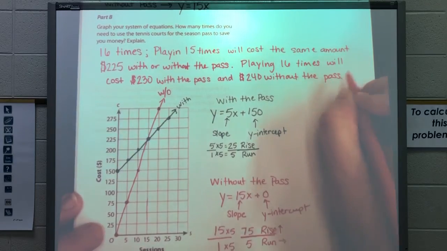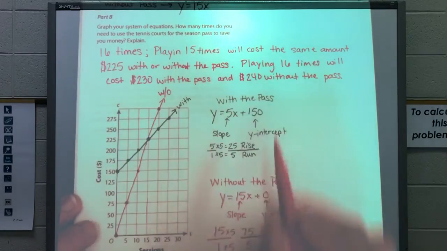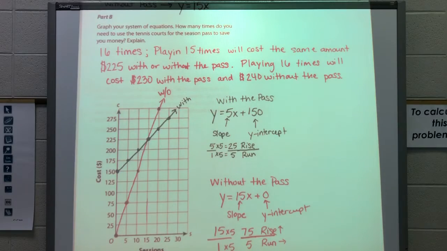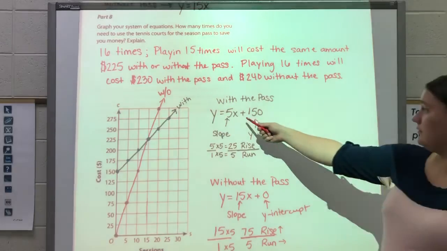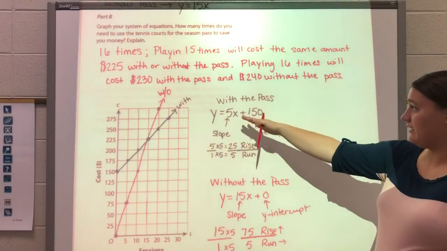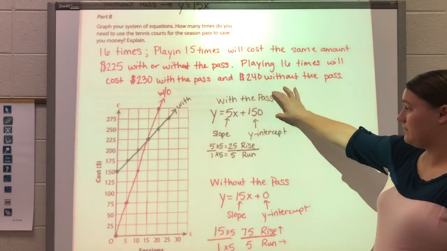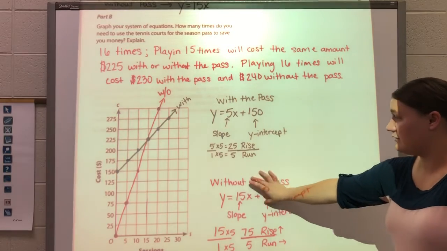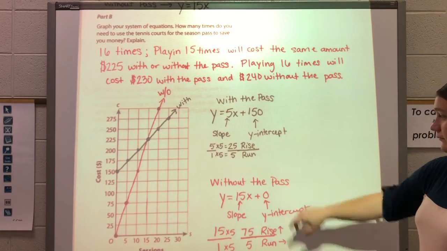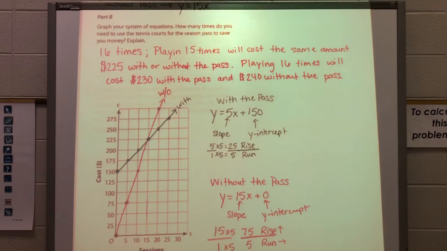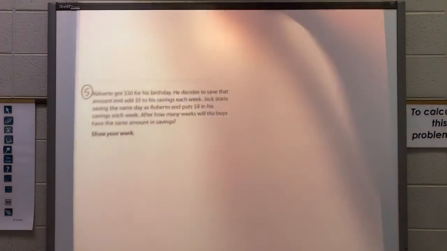And how did I figure out those last two numbers there? I took that value and I just did some quick math of plugging it in right here and right here, and that'll give you your value. If you plug in 16 here, solve it out, that's with the pass. Plug in 16 here, without the pass, it gives you your value. Okay? Moving on to the next question, number 4.